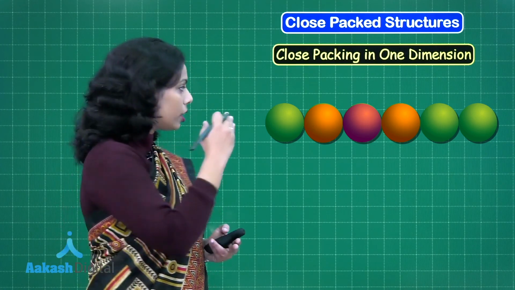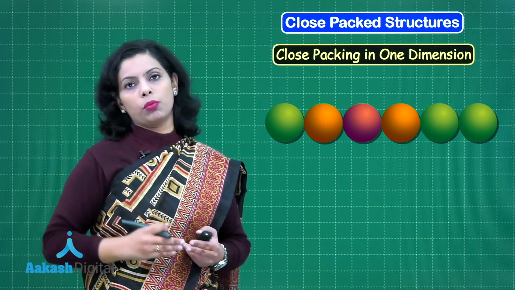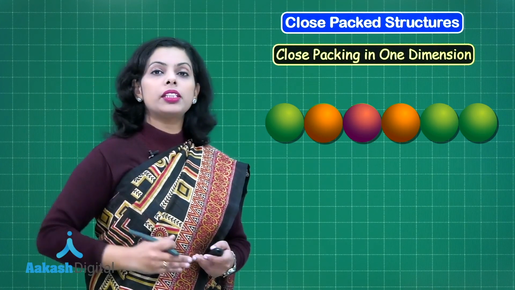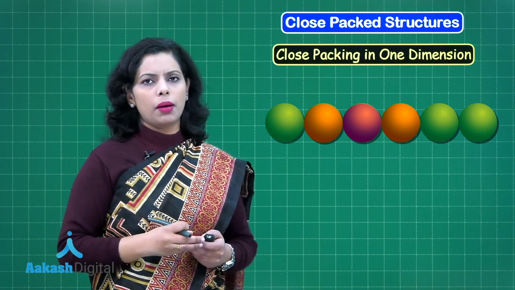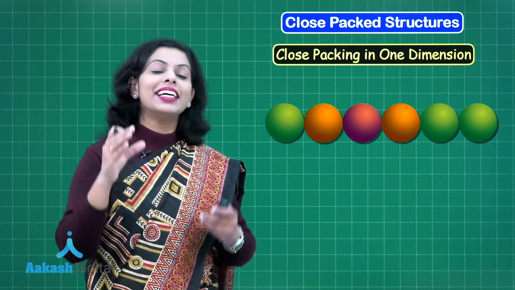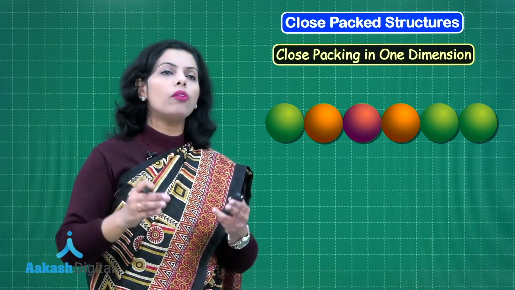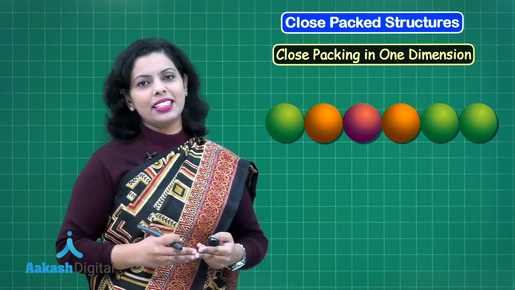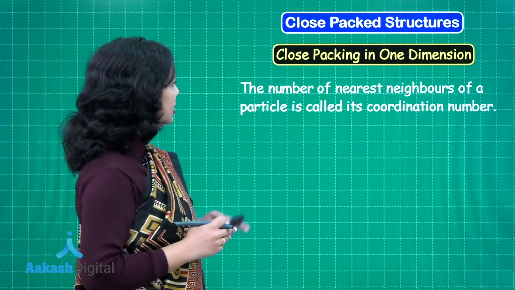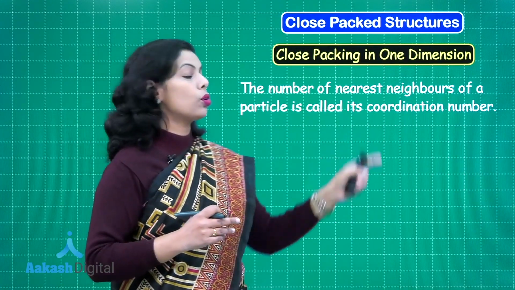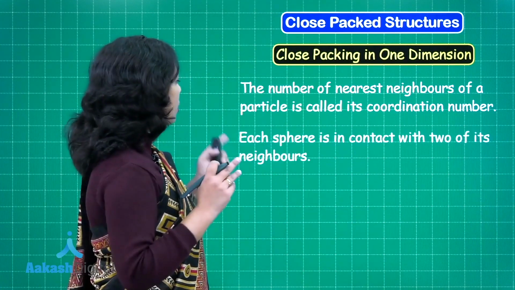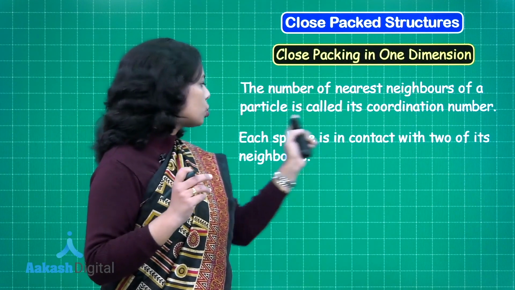It means these are the 2 nearest neighbors of this ball, and on the basis of the number of nearest neighbors, we use a term coordination number. Coordination number represents the nearest neighbors of a particular particle present in the solid state. So simply we can say that the number of nearest neighbors of a particle is called its coordination number, and each sphere is in contact with 2 of its neighbors.